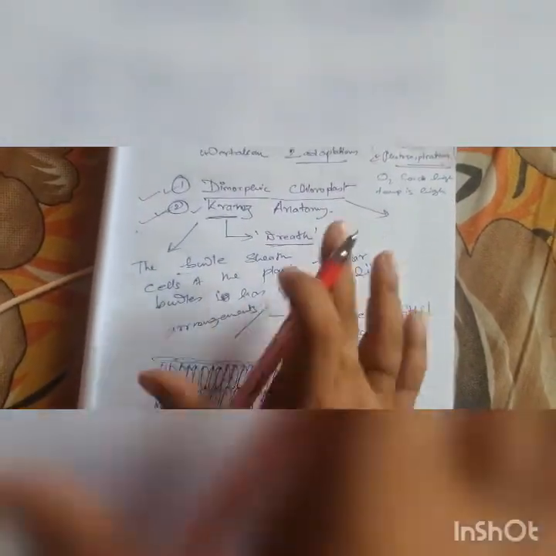Now you have learned what these adaptations are, what Kranz anatomy is, and also what you mean by dimorphic chloroplast.